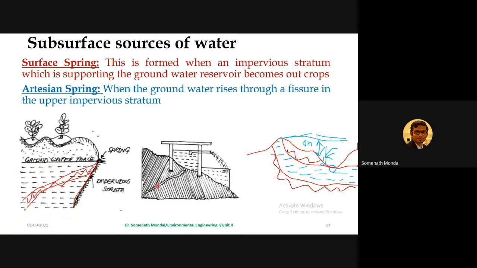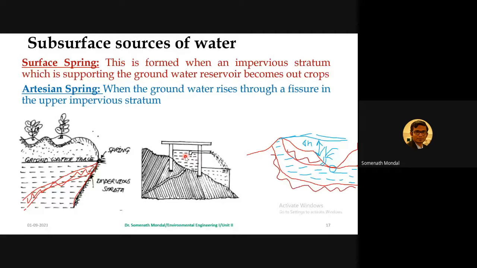This is the fissure through which the water is coming. The height of the source is higher here, and because of that, water comes through the fissure, gets yielded over here, and is stored by creating a structure. If you create such facilities, the water will flow continuously. So this is one type.